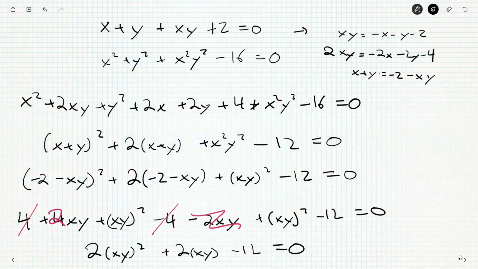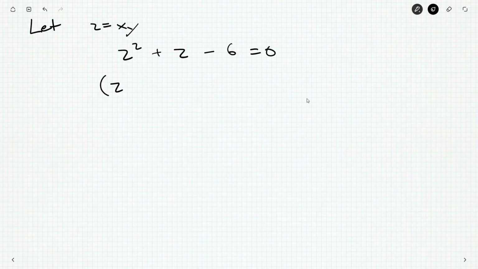Divide by 2 on both sides. So I might say something like, let z be xy, then we have z squared plus z minus 6 equals 0. This is much better progress. z plus 3, z minus 2 equals 0.